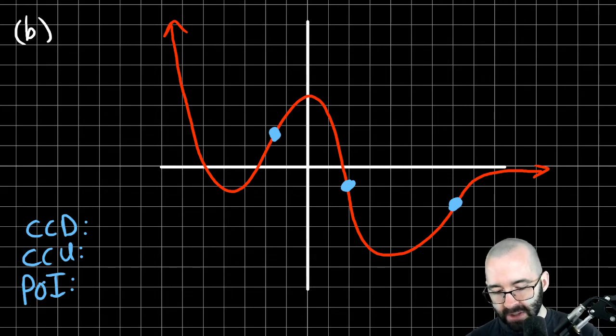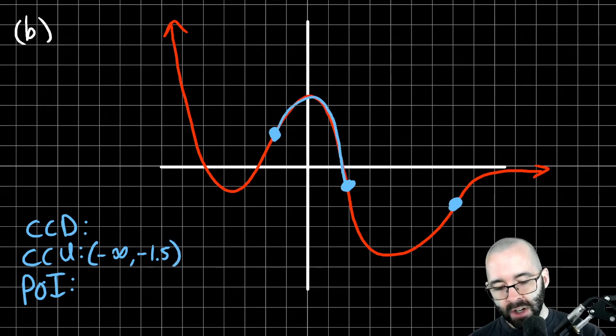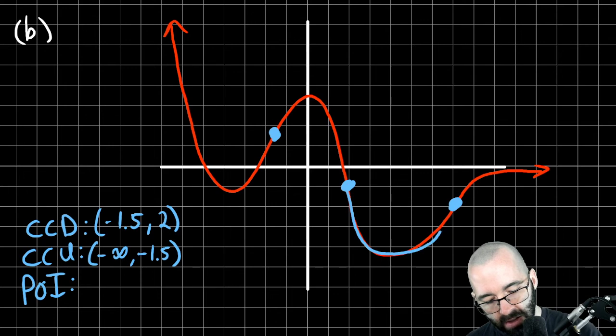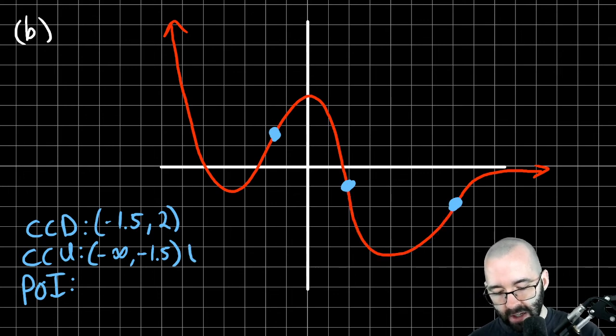Okay. So it's concave up on that first piece. That's the piece from negative infinity up to, let's just say, negative 1.5. And then in the next chunk, sorry, concave down, negative 1.5 up to about positive 2. The next chunk, concave up again from positive 2. So we're going to say union, positive 2 up to about 7.